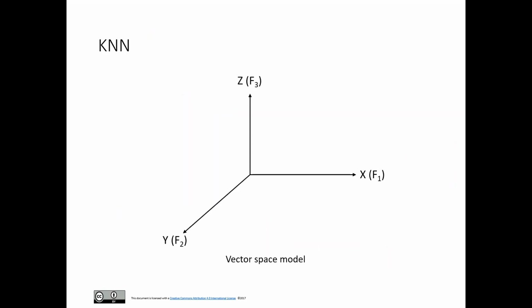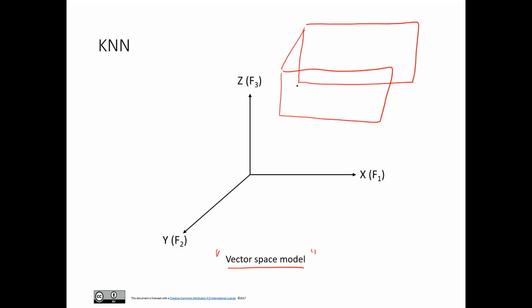Now, one of the key things that KNN brings up is the idea of the vector space model. This is a very physical thing with KNN that we need to think about. Imagine that you're in a room.